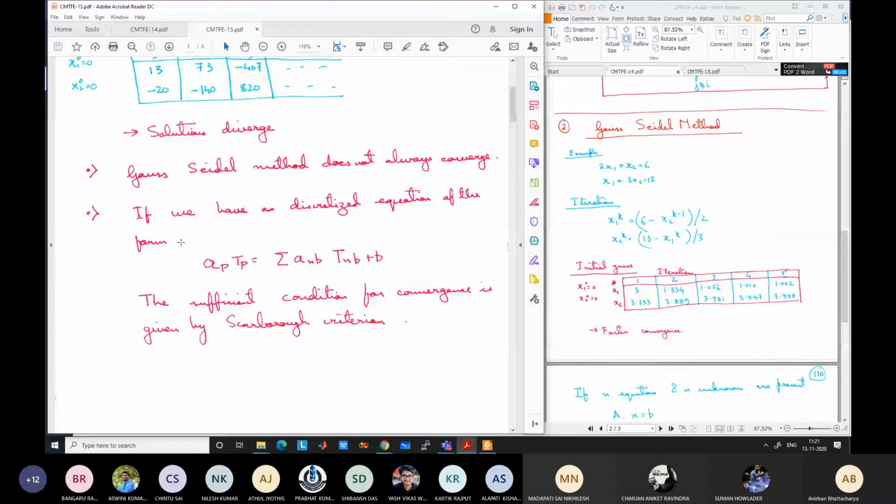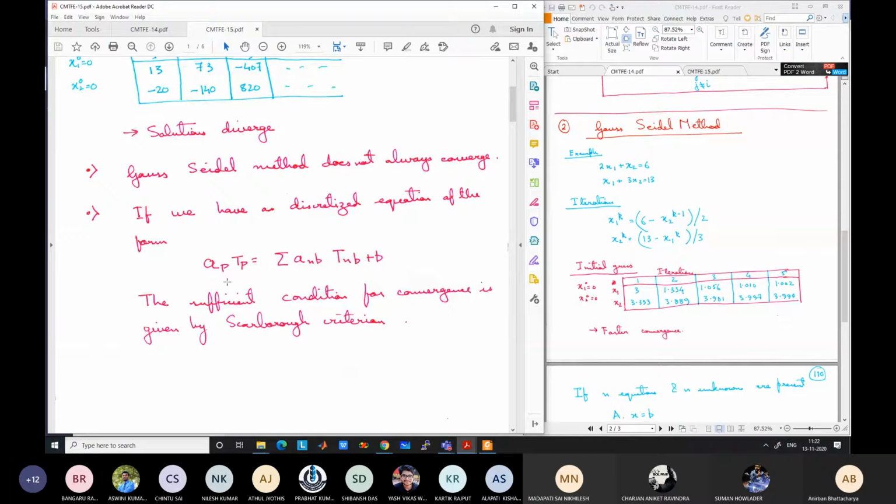In all three types of problem, the equation after discretization is written in this form. For any grid point P, we write a_P T_P equal to the summation of a_nb T_nb over all the neighboring values, where a_nb are the coefficients, plus b. This is for a single grid point.